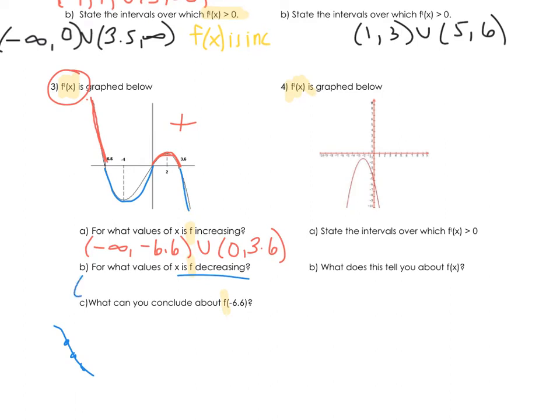The answer to part B is -6.6 to 0 and 3.6 to infinity. Hopefully you're listening so that you can see what I'm saying. What can you conclude about f of -6.6?